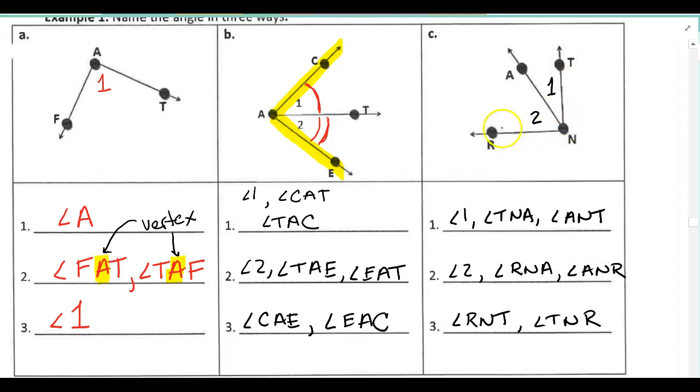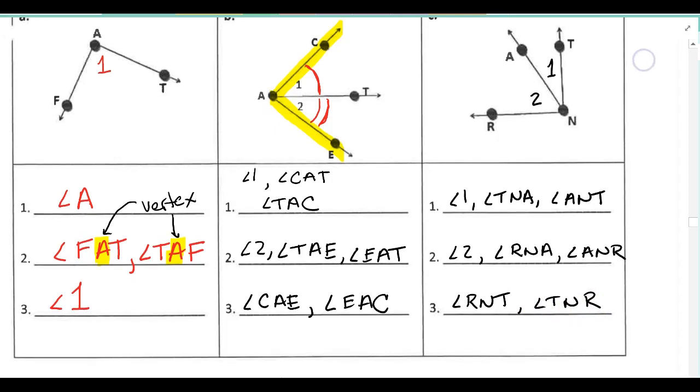And then for the large angle, I can call it angle RNT, or flip that around and call it angle TNR. Now, one thing I want to caution you about, we can't use a single capital letter to name any angle in this picture, or actually in part B, because just saying angle N would be confusing.